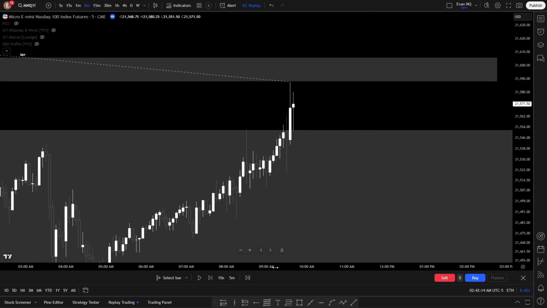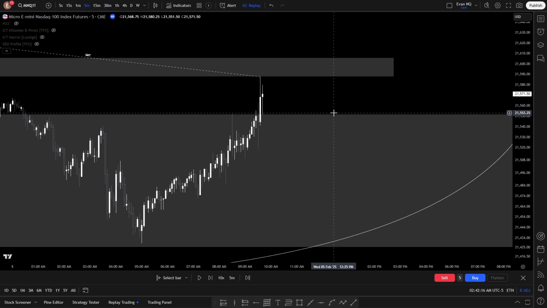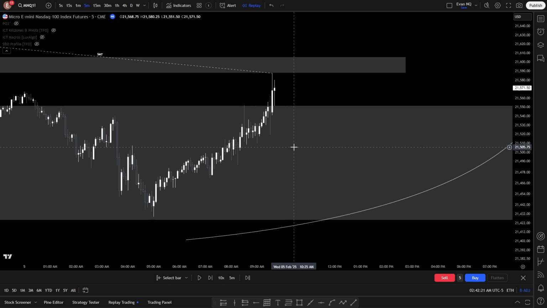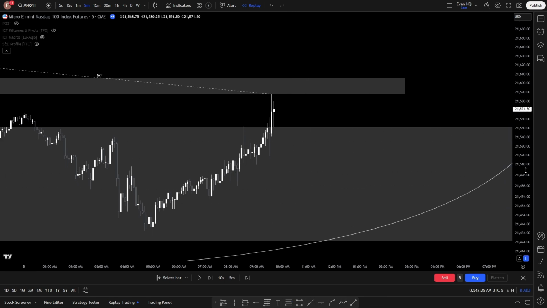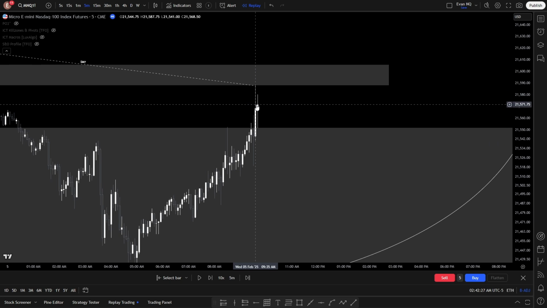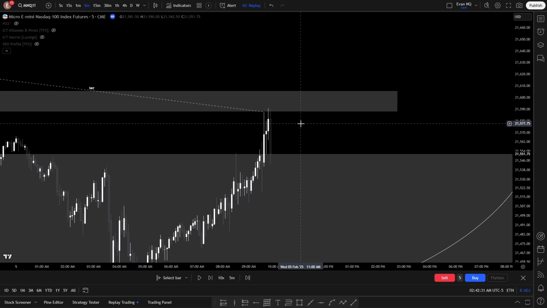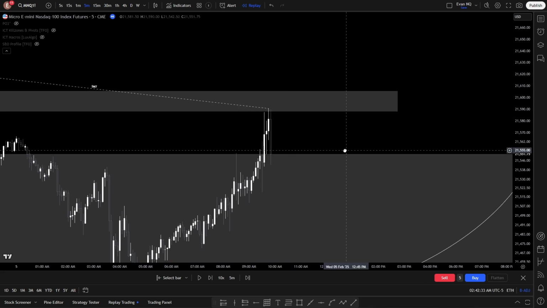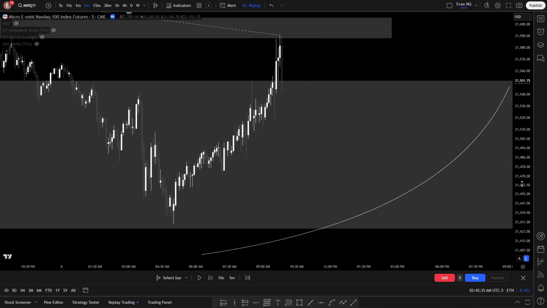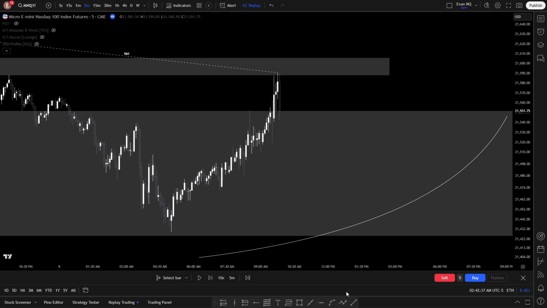So, one of the 4 reasons why markets move: if I were to take a bearish setup, I could at least expect price to retrace back to equilibrium of the range. So let's go back to close to the macro. Okay, so macro opens, we hold this SMT, and I'm expecting price to retrace at least to equilibrium of the range.